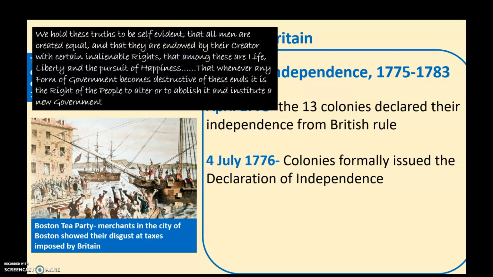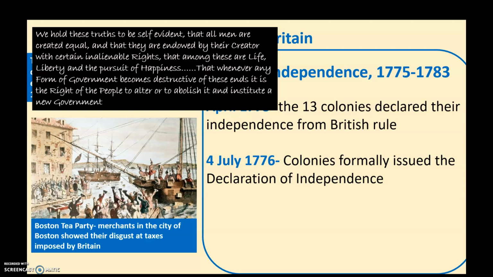And it has this famous beginning to the Declaration of Independence, where it says, we hold these truths to be self-evident, that all men are created equal, and that they are endowed by their Creator with certain unalienable rights, that amongst these are life, liberty, and the pursuit of happiness.